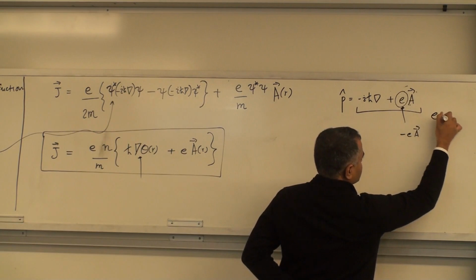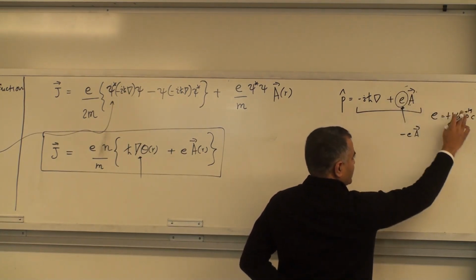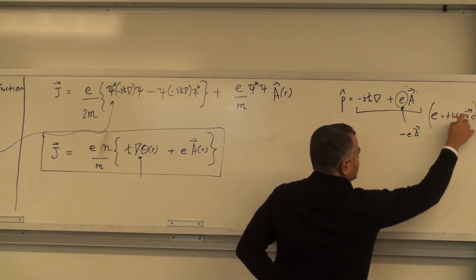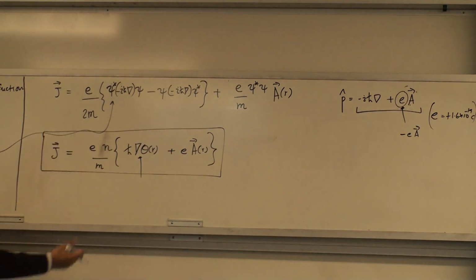Our e here is plus 1.6 times 10 to the minus 19 coulombs, but in a Cooper pair it's 2 times that. But essentially, don't bother too much about it. There's a minus or plus. We are using plus from a sign convention perspective. But that's the basic idea.